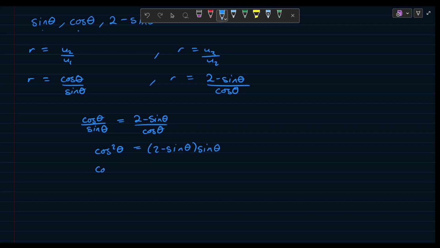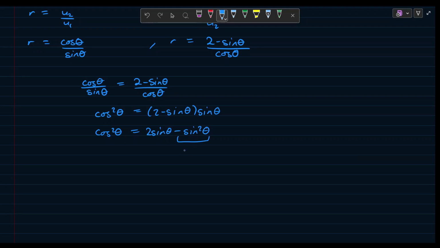So this is cos squared theta is equal to 2 sine theta minus sine squared theta. So let's move the negative sine squared theta to the left. We end up with sine squared theta plus cos squared theta is equal to 2 sine theta.